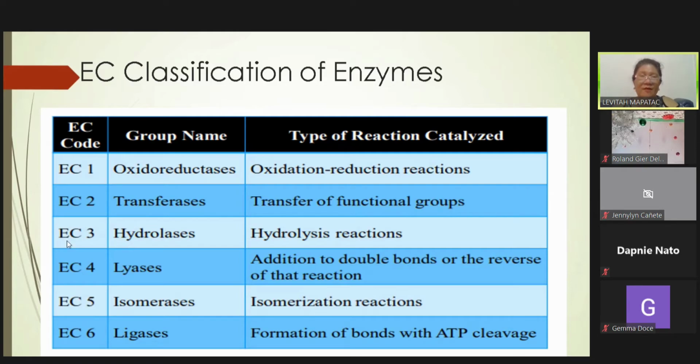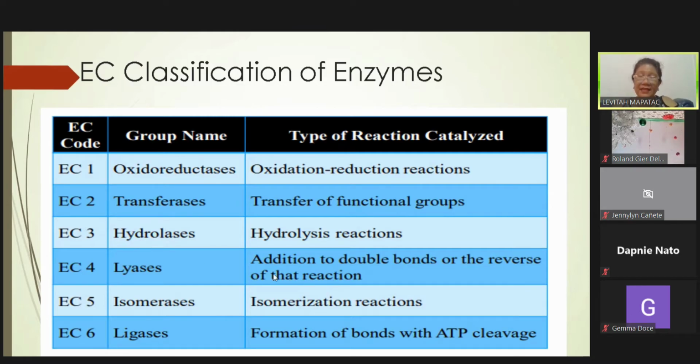Memorize this. Then EC3, what reaction is catalyzed here? It is hydrolysis. For a hydrolysis reaction, the kind of enzyme is the hydrolases.